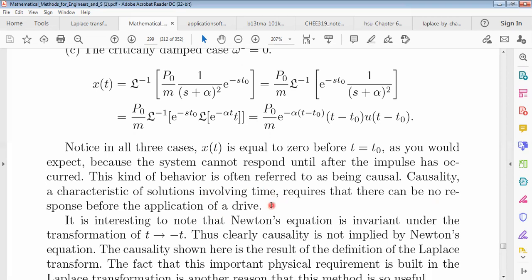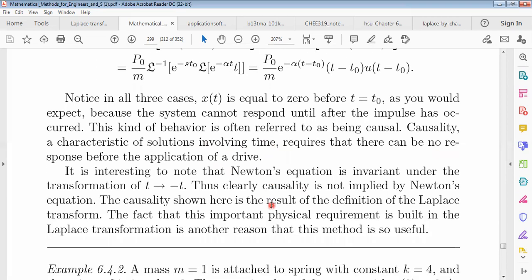It is interesting to note that Newton's equation is invariant under the transformation t equals to minus t, so there will be no change. Thus, clearly, causality is not implied by Newton's equation. The causality shown here is the result of the definition of the Laplace transformation.